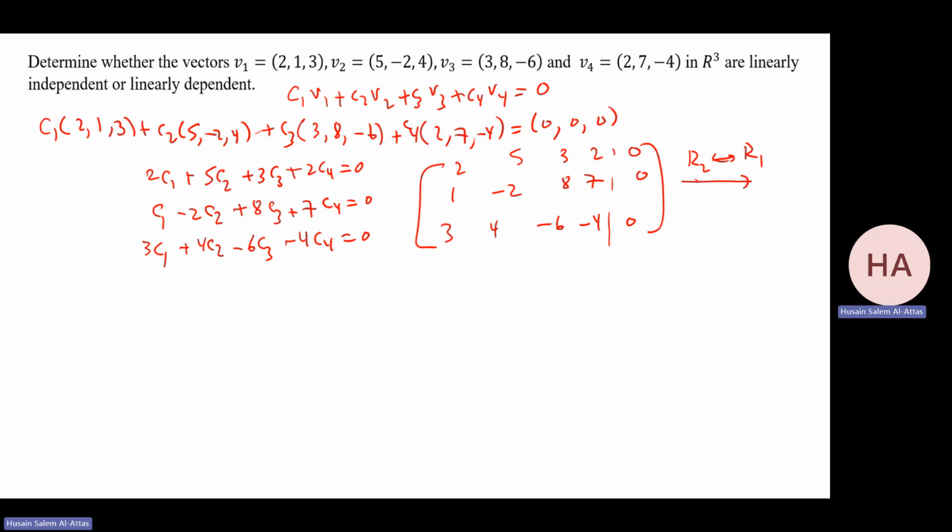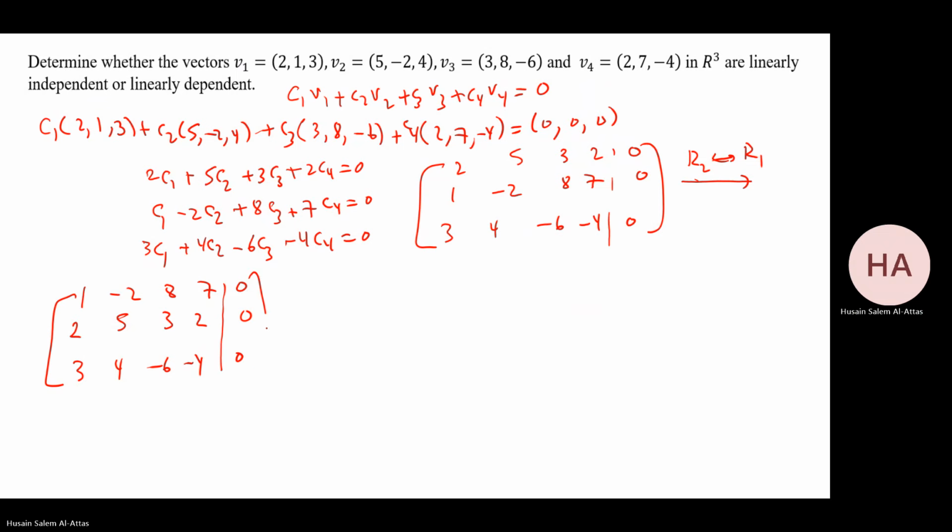So it will be easy to do the calculation. That gives me which matrix? 1, minus 2, 8, 7, 0. 2, 5, 3, 2, 0. 3, 4, minus 6, minus 4, 0.